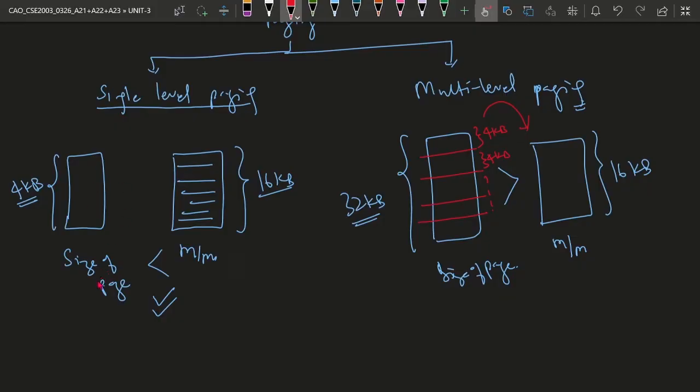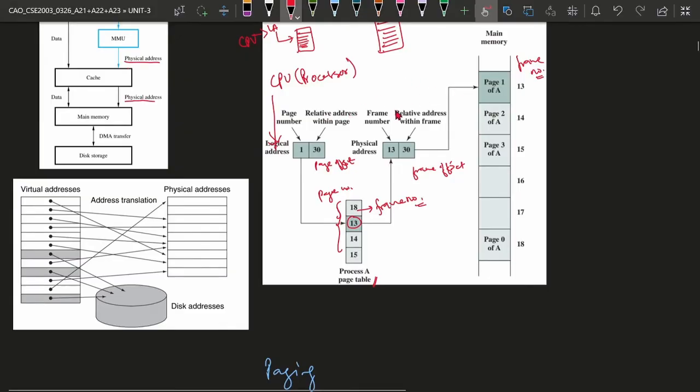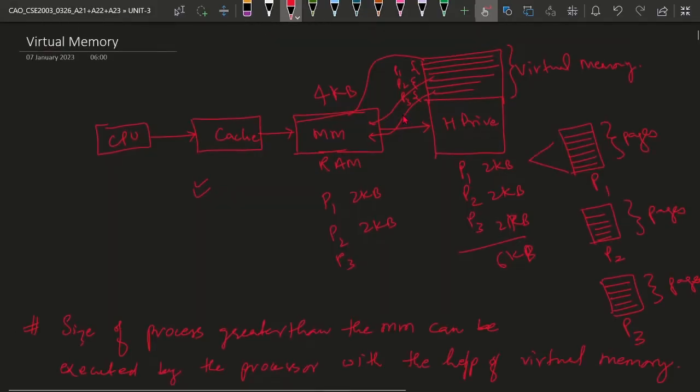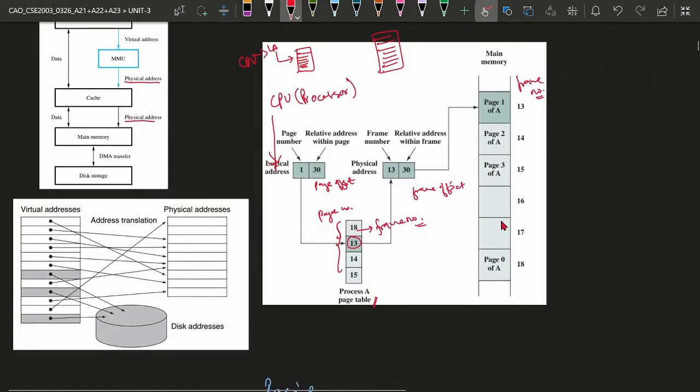We have seen previously what a page table is. First of all, we divide a process into different pages. Each page has a particular size, and that page will be in the RAM, that is the main memory, and along with this page, the page table will also be in the RAM only.